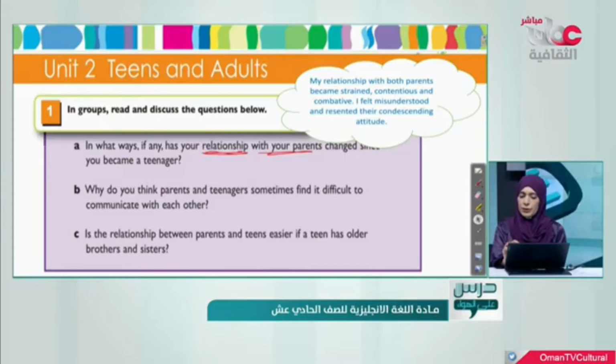I felt misunderstood and resented their condescending attitude. This is one answer by one of the students. As you can see, we will highlight the differences in communication skills between adults and teenagers.